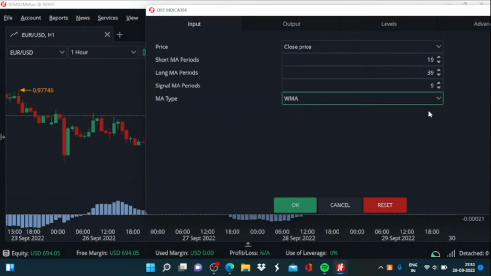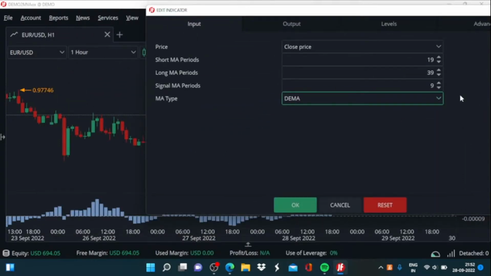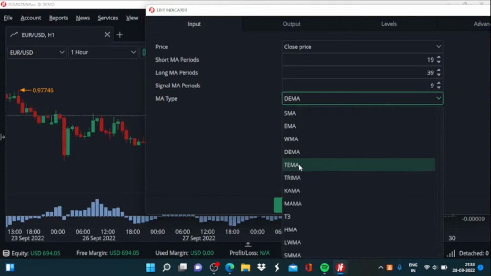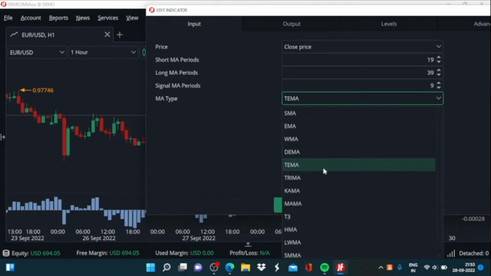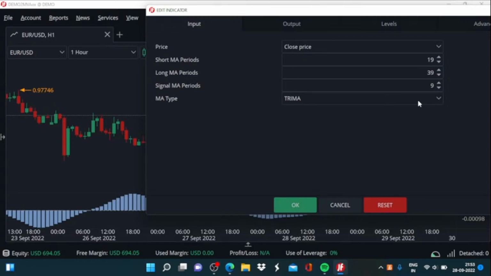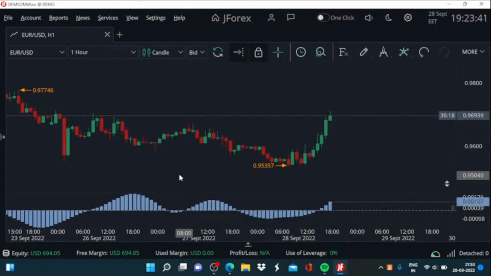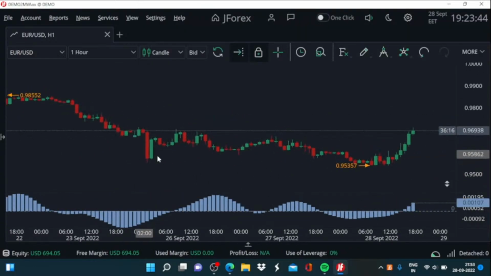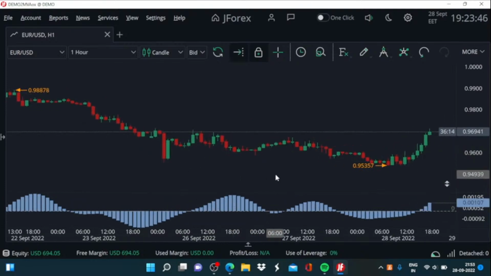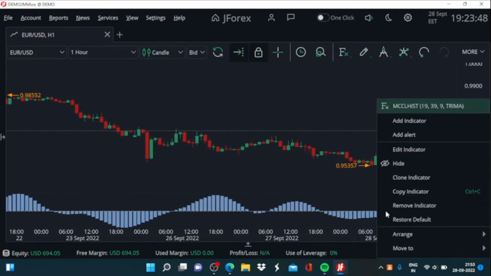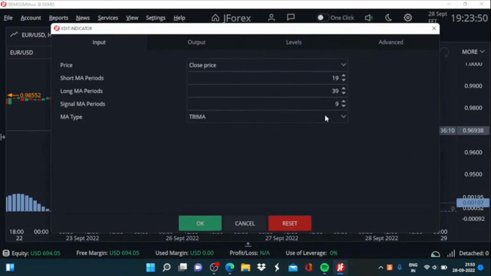WMA, DMA, TMA, CMA. So Trima plotting looks quite interesting here. You get these smooth curves when you are using Trima as the calculation point for this indicator.